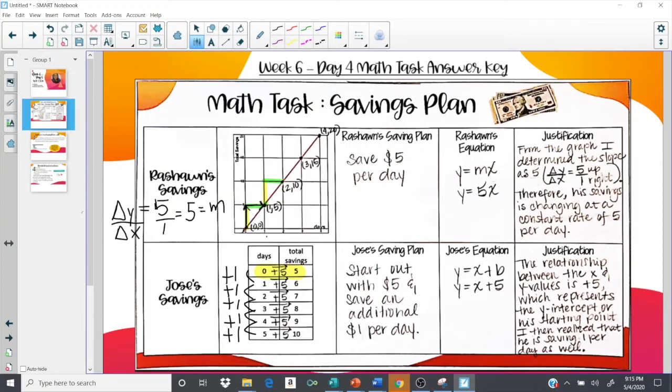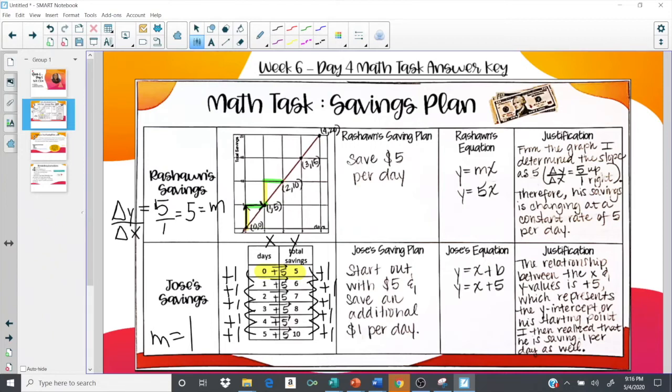Okay, that's the change in x. Okay, so our change in y, each time to go from 5 to 6, 6 to 7, 7 to 8, 8 to 9, 9 to 10, again, you're only adding 1 each time, which means your slope is equal to 1.